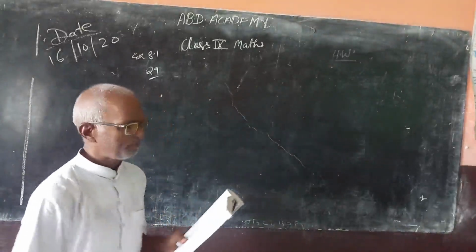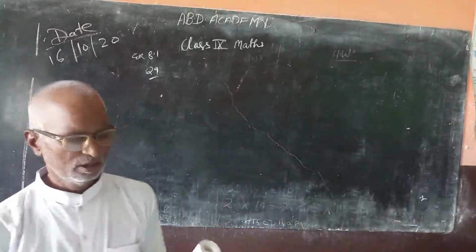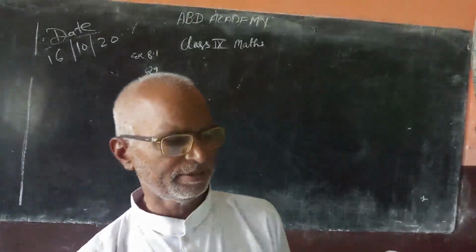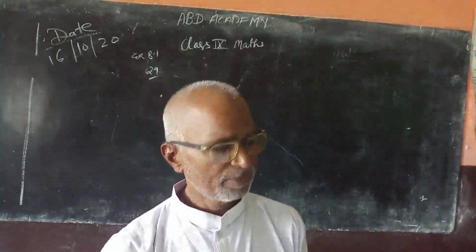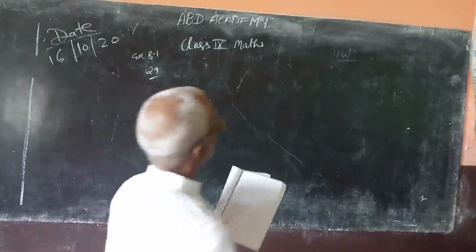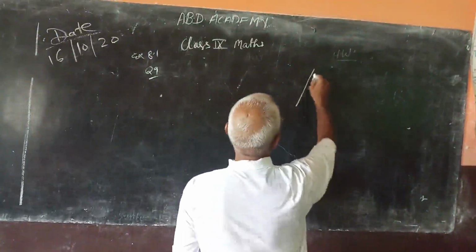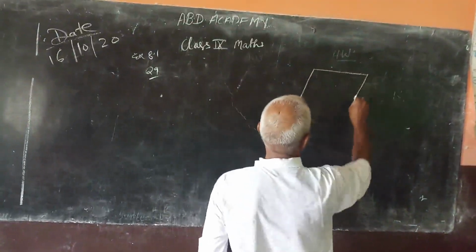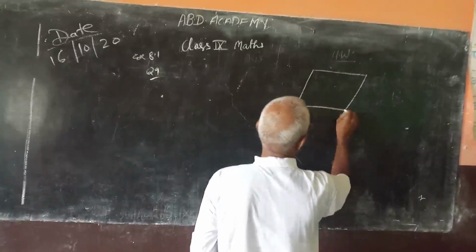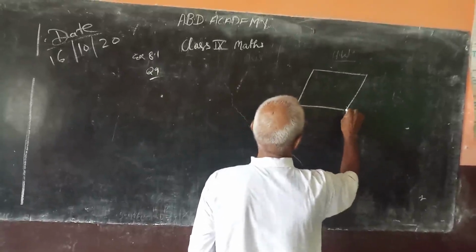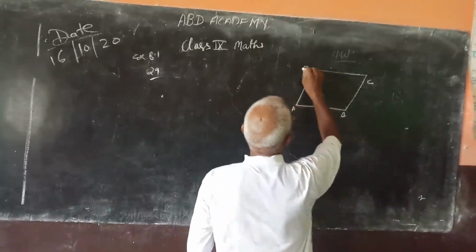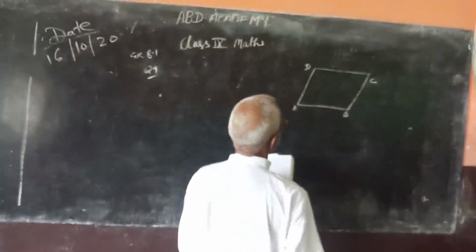9. In parallelogram ABCD, 2 points P and Q are taken on diagonal BD. The parallelogram is ABCD, drawn this way.